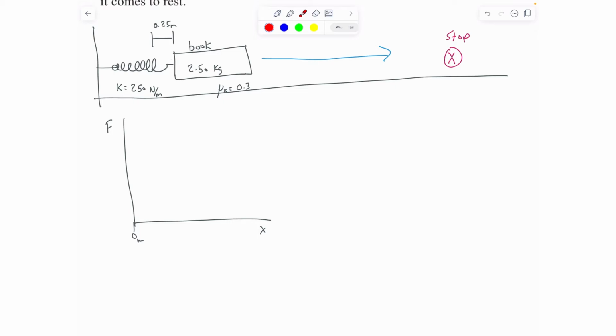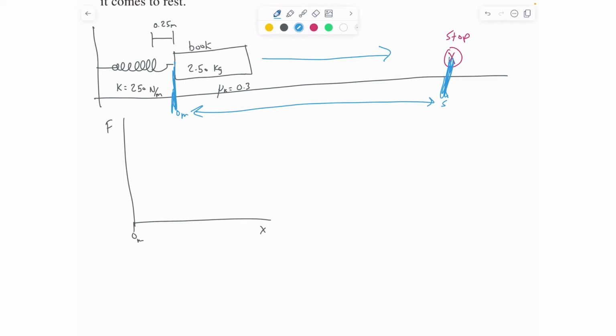And then here, this is where it's going to stop. We'll call this S, for stop. What we want to know is the difference between this point and this point. How far did it go once it was released?